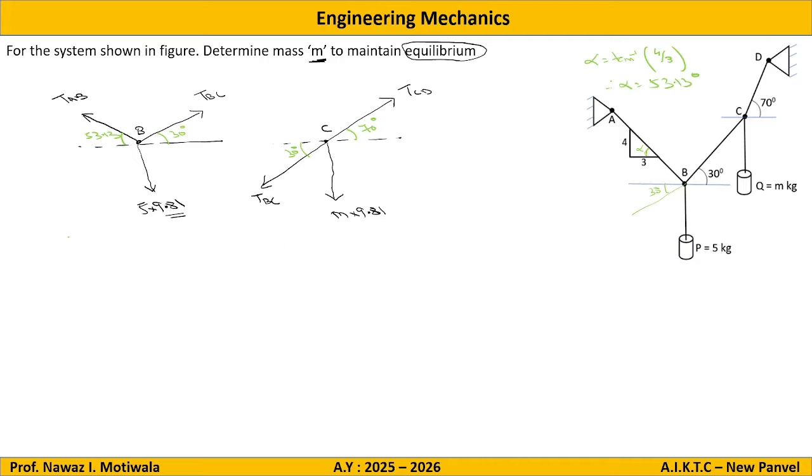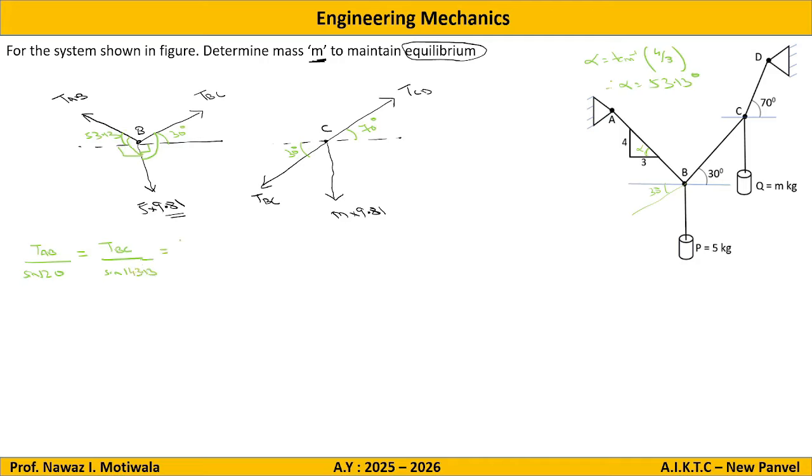So let us say if I apply Lami's theorem on point B, what I will get is TAB divided by sine of, if I am taking AB, I need this entire angle. So it will be 90 plus 30, that is 120. Then second case, we have TBC divided by sine of, if I am taking TBC, I need this entire angle. So it will be 90 plus 53.13. So it is 143.13.